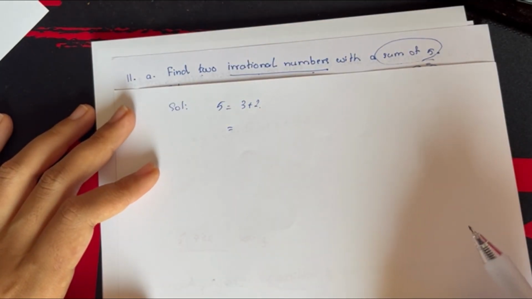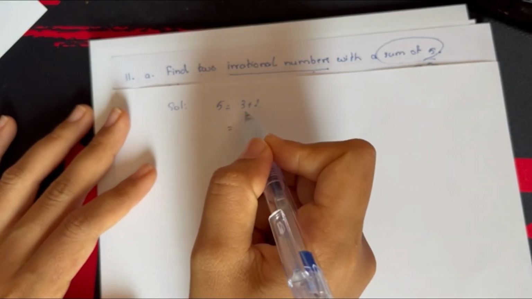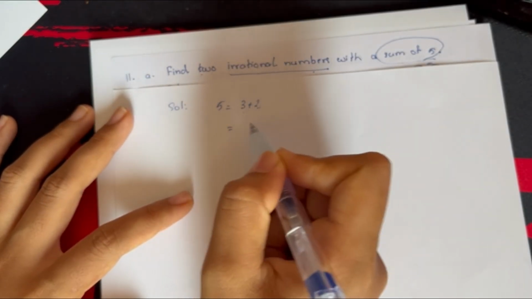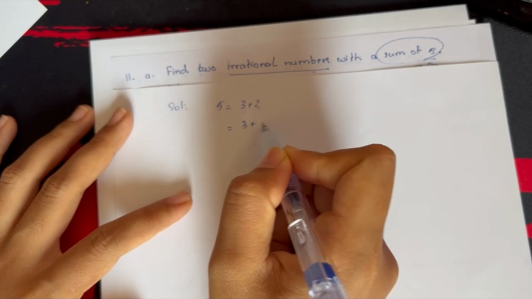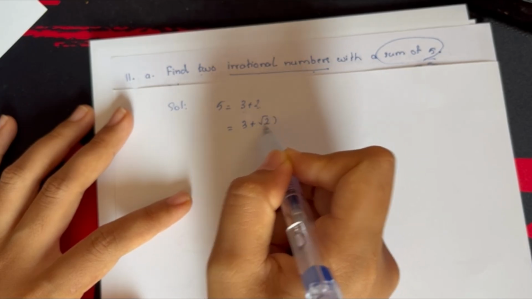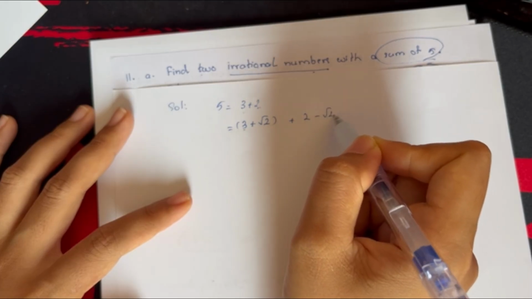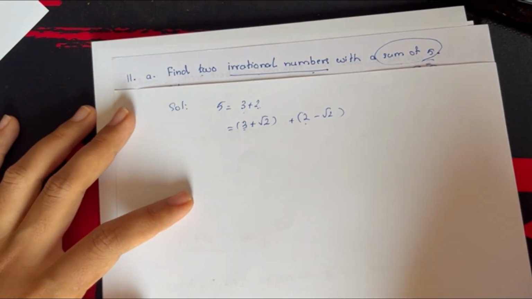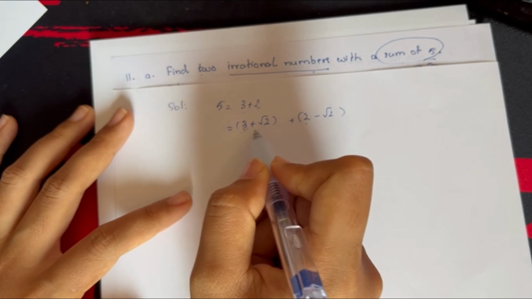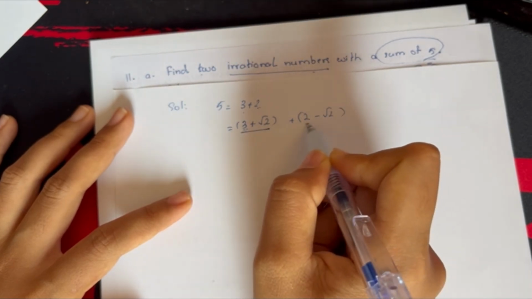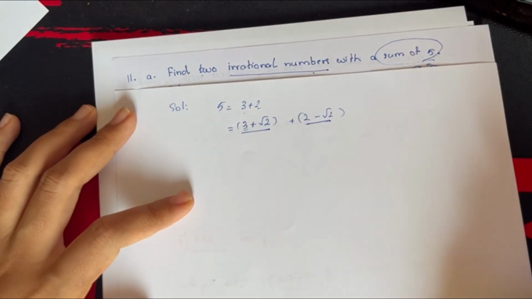But we need irrational numbers, and this is rational. So how about 3 plus root 2 and 2 minus root 2? 3 plus root 2 is irrational and 2 minus root 2 is irrational also.